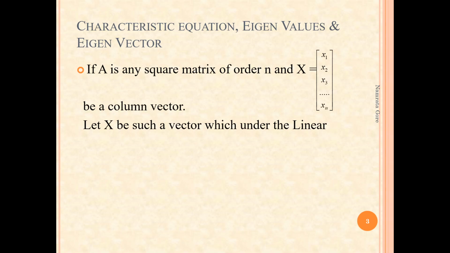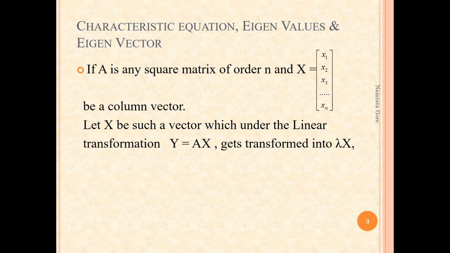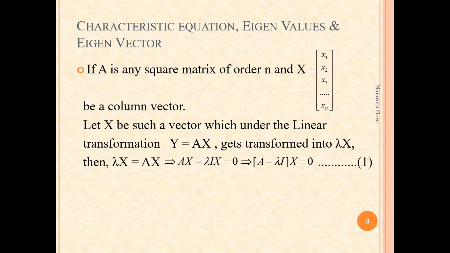Capital X is such a vector which under the linear transformation, that is multiplying with matrix A, that is getting AX, gets transformed into lambda X. Then we can write lambda X equal to AX, solving which we get the equation (A minus lambda I) X equal to 0, where I is the identity matrix of the same order as that of matrix A.